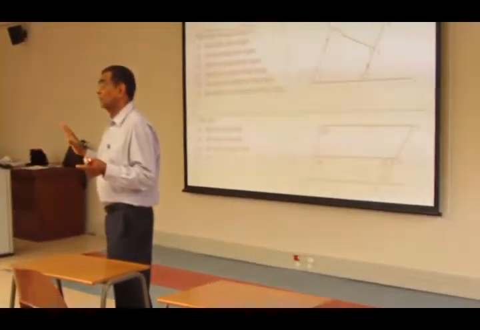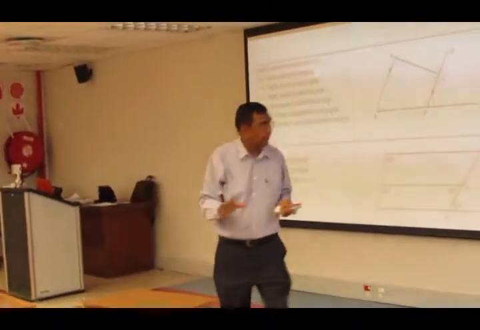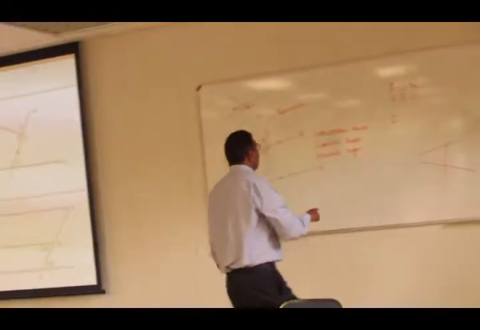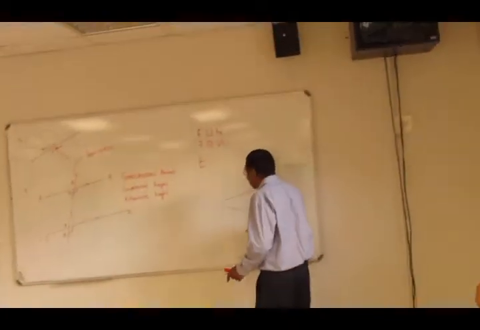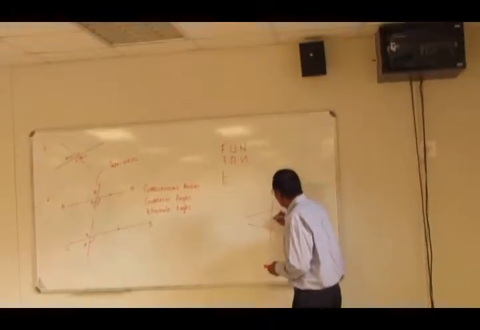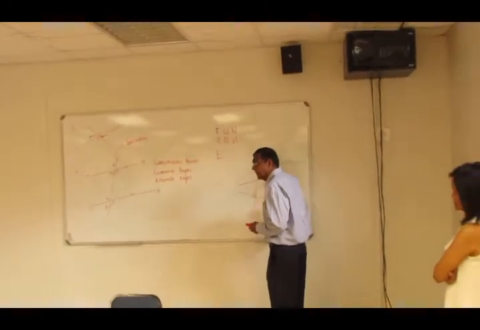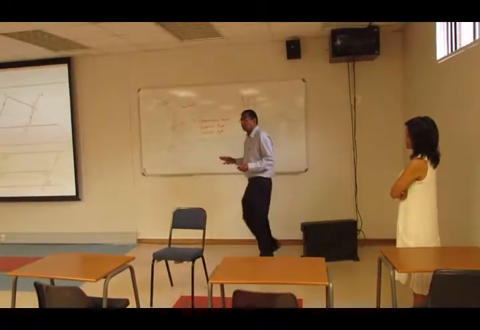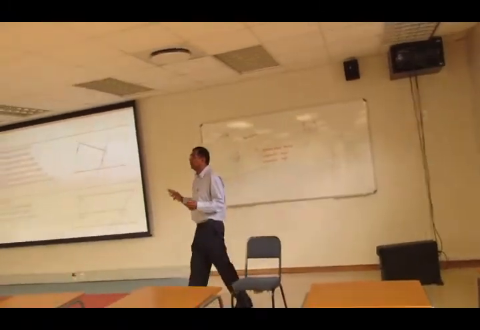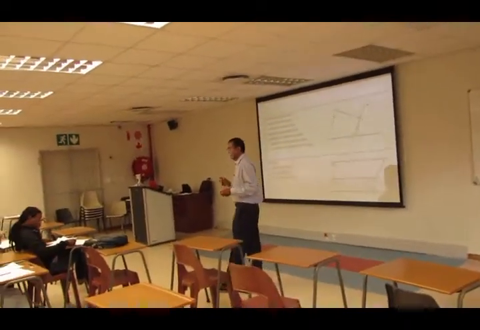The difference is we don't know any properties about them. There are corresponding angles, you get your F, and you get the Z, a crooked Z of course. You get them all. But we can't say anything special about them because those two lines are not parallel.